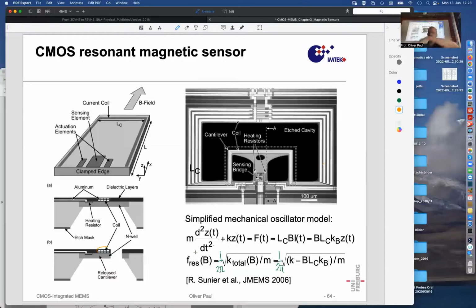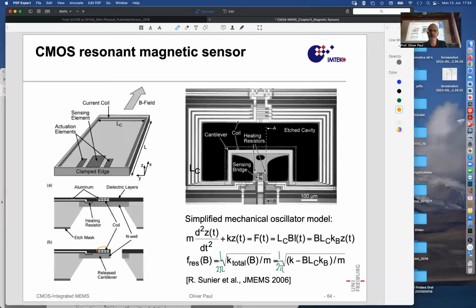Then in a dynamical system, of course, there is this mass times acceleration term. Now, the second derivative of z with respect to t. So that's the classical ingredient of a harmonic oscillator. And then this harmonic oscillator is driven by a force. That's the third term that you need. And this force is now, by design of the system, proportional to a current and B with some effective LC.